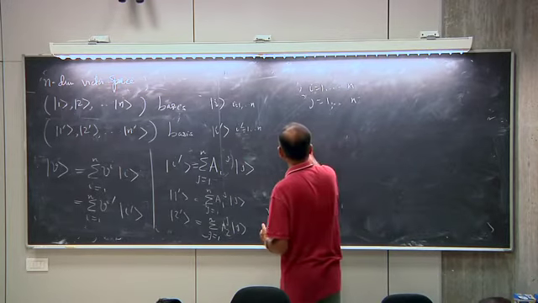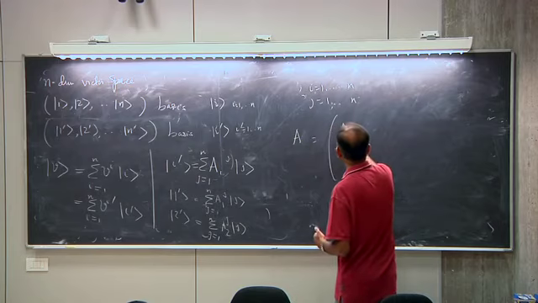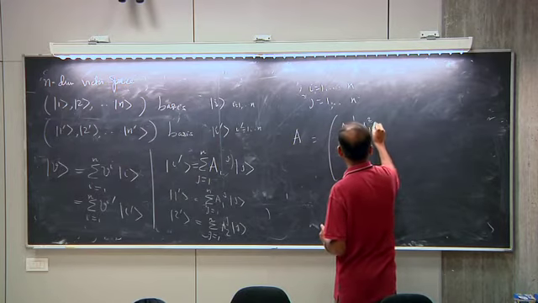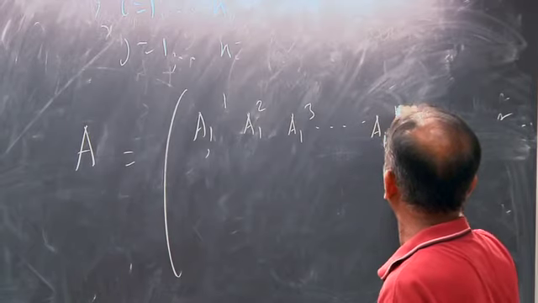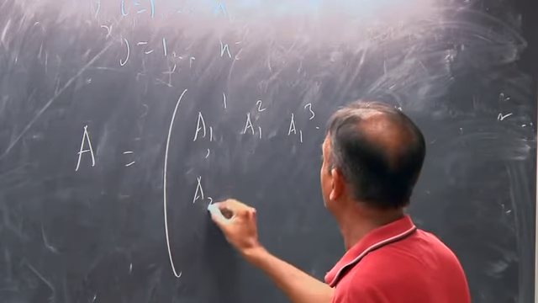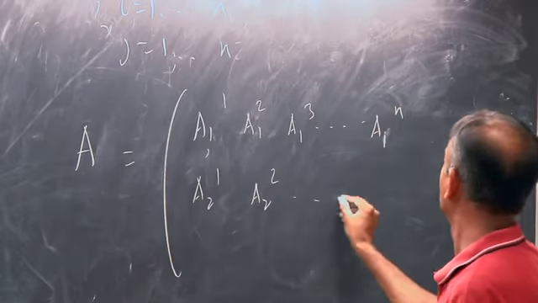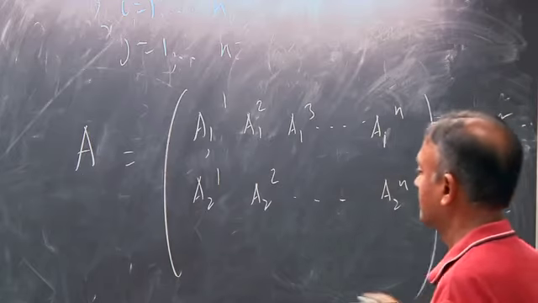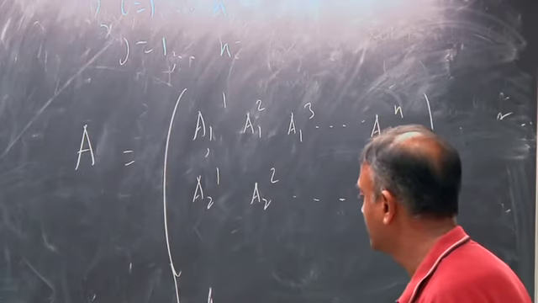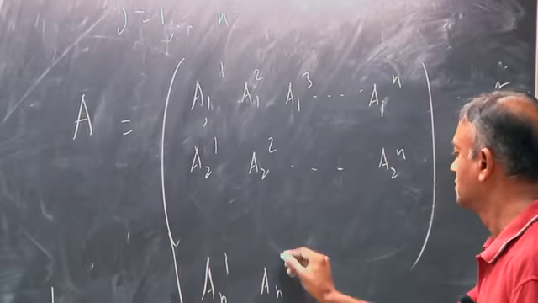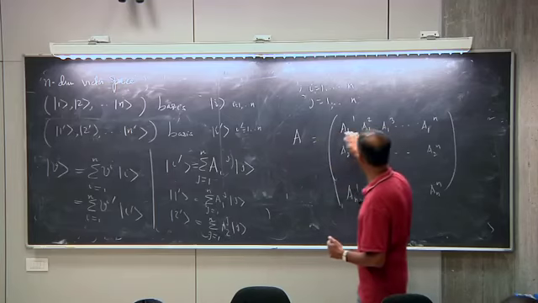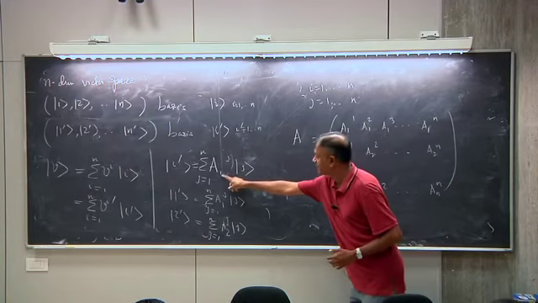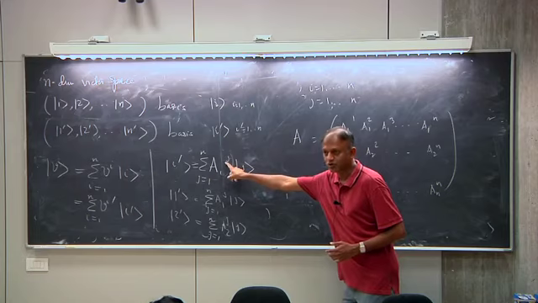So the matrix A, which will be denoted by A11, A12, A13, A1n, A21, A22, A2n, all the way up to An1, An2, Ann, right? So all these n square numbers I can arrange like this. So i refers to the row and j refers to the column.